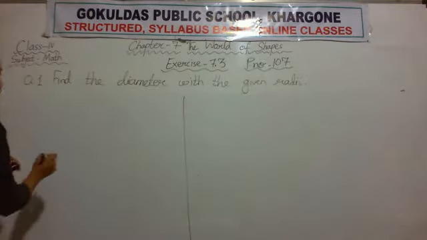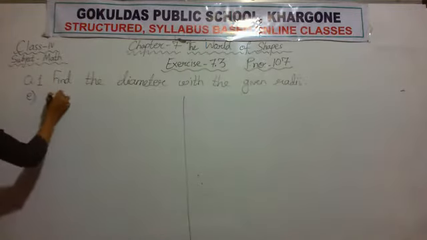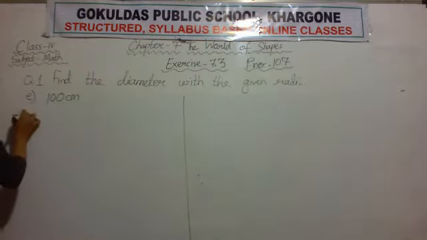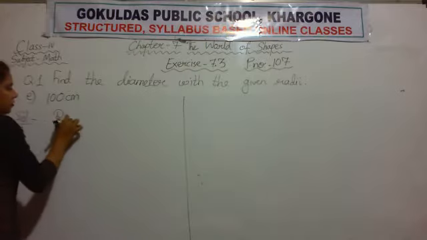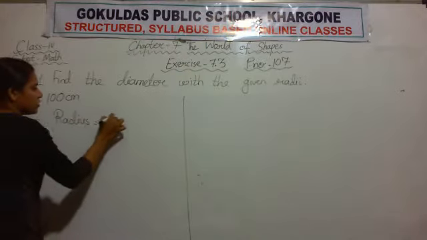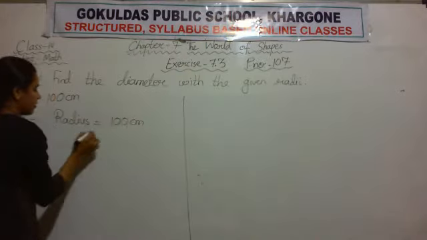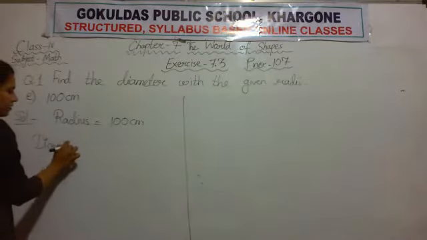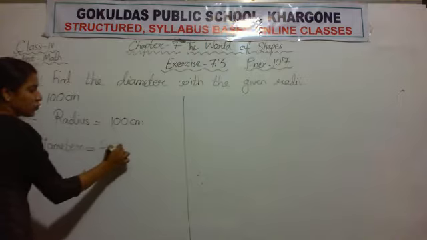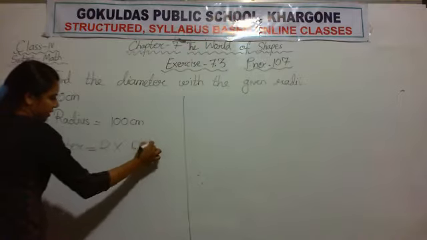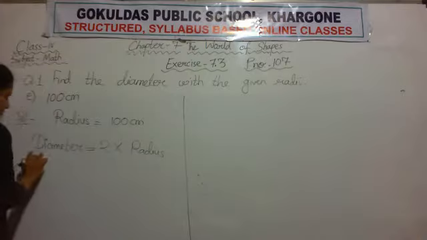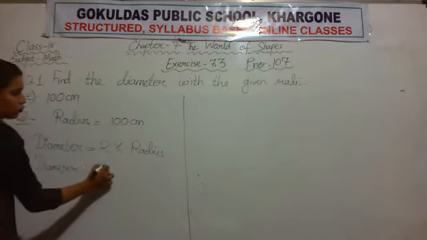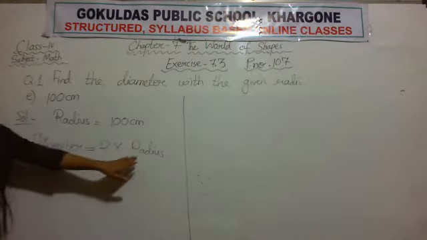Okay. Now the last one is E. Radius is 100 centimeter. Let us solve it. We are finding diameter, so write the formula. Diameter is equal to 2 multiplied with radius. Now diameter is equal to 2 multiplied with, what is the value of radius?